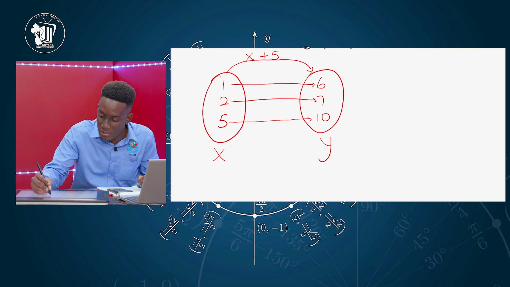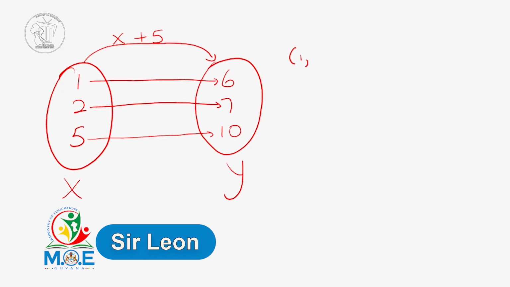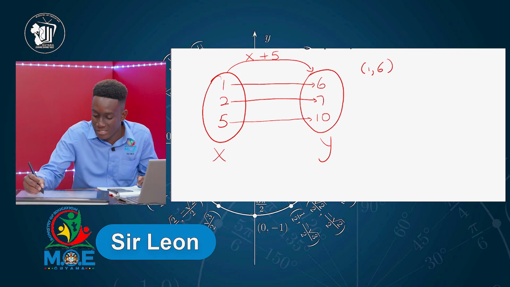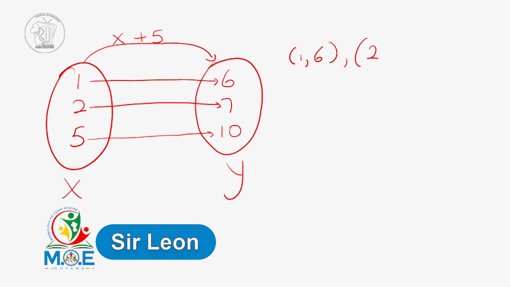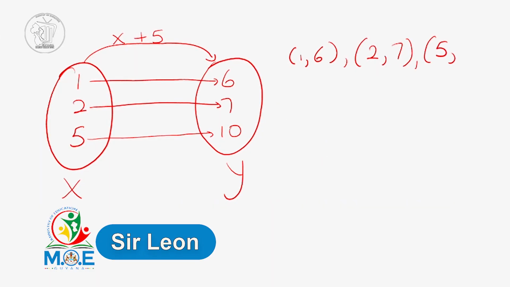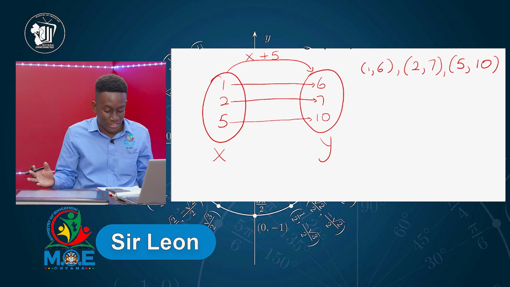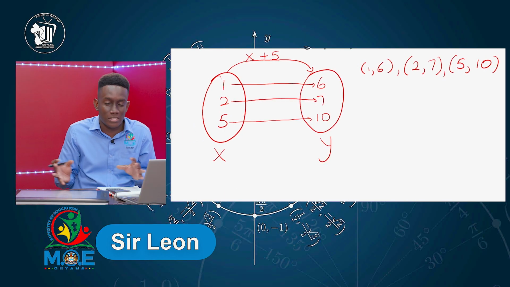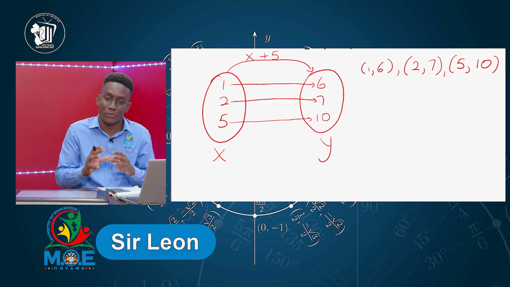So for the first pair, we have 1, and we see that is paired with 6. And then for the second pair, we have 2, and we see that is paired with 7. And then for the third one, we have 5, and that is paired with 10. And this is what a relation is, a set of ordered pairs that obeys a particular rule.